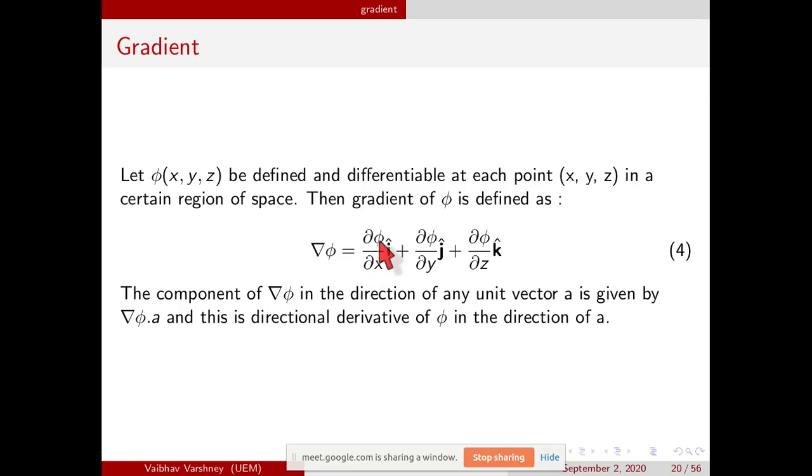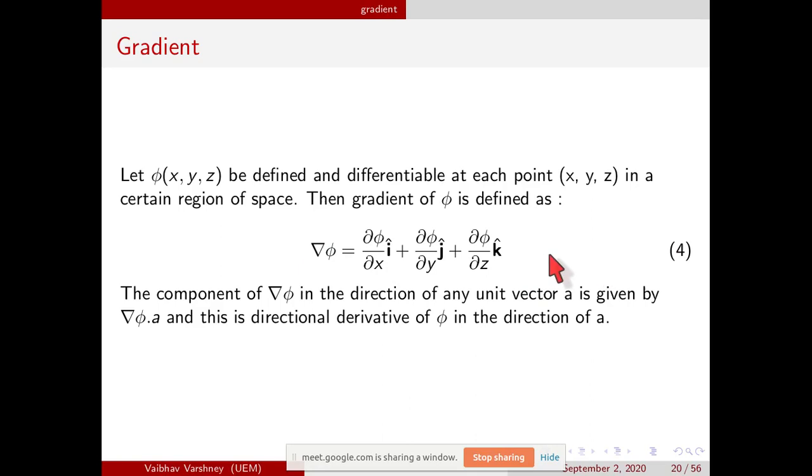So phi will come with all three, x, y and z, and this is what we call the gradient. This is read as del phi, grad of phi, equal to del phi by del x i cap plus del phi by del y j cap plus del phi by del z k cap. So this del phi is the gradient of phi. Any problem till this point?